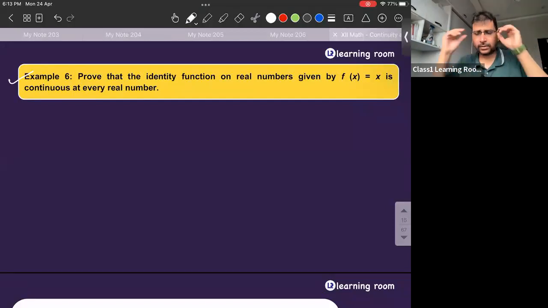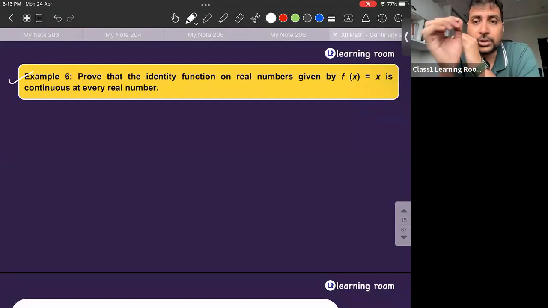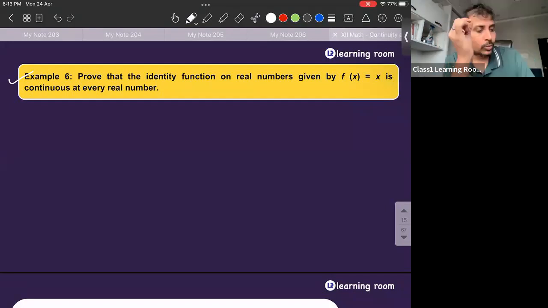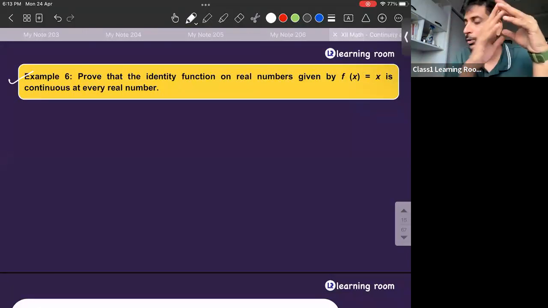See, it's very simple. Listen to this. That is one of the reasons I'm repeatedly telling you, for you to master calculus, especially these things, please master functions. So here, what are they saying? Prove that the identity function on real numbers given by f of x is equal to x.